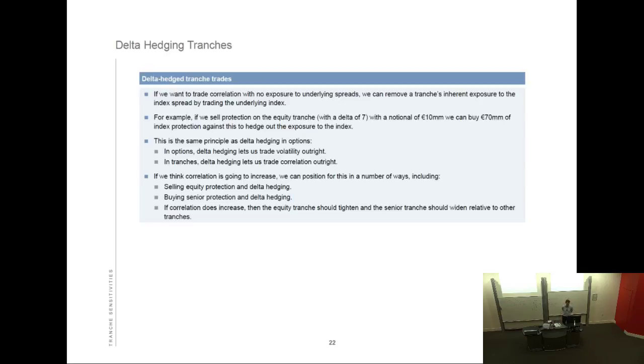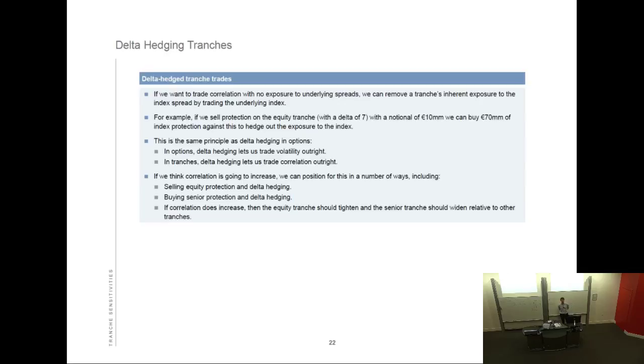Okay, so delta hedge tranches are the way you can trade correlation, and therefore it's worth quickly going through how a delta hedge tranche trade behaves. What are the sensitivities of that? But first, let's say you've decided you think correlations are too high and are going to drop. What would you do?